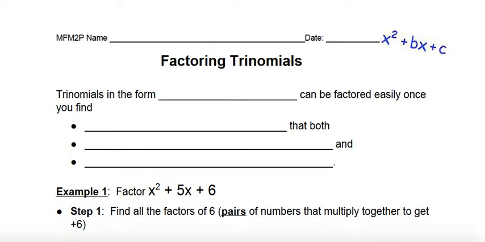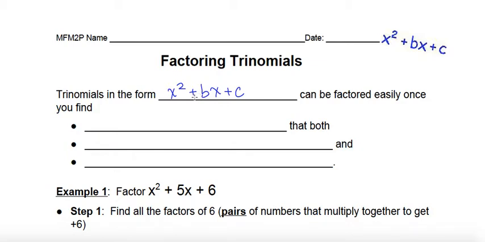Well, we're going to look at trinomials in the form of x squared plus bx plus c. So we're going to factor trinomials when our value in front of your x squared is going to be a 1, or in some cases we can common factor first and then factor a form that looks like this.